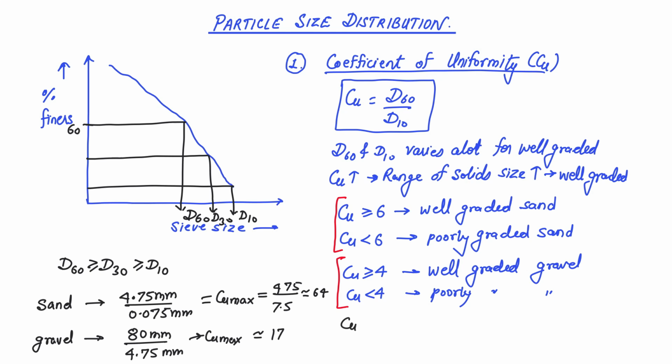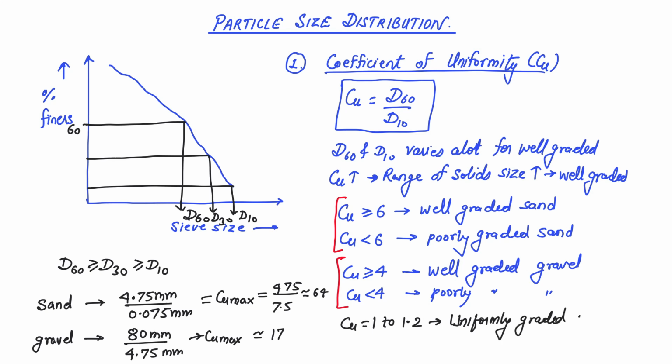And yes, if Cu is equal to 1, or approximately between 1 to 1.2, we call that all the solids are of similar size, and such a particular soil will be known as a uniformly graded soil.